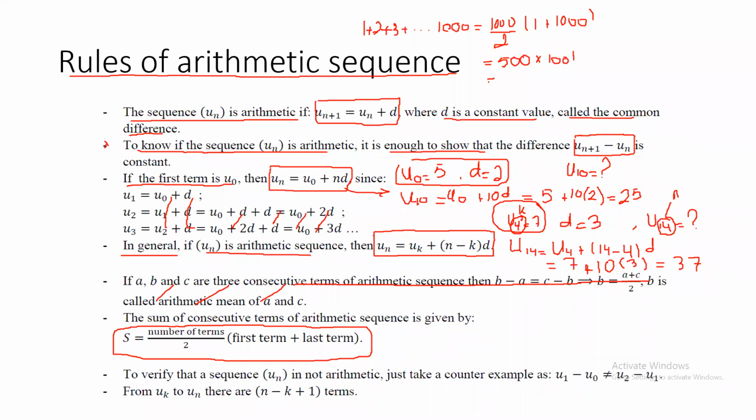How much will it be? 500,500. So the sum of numbers from 1 to 1000 equals 500,500.